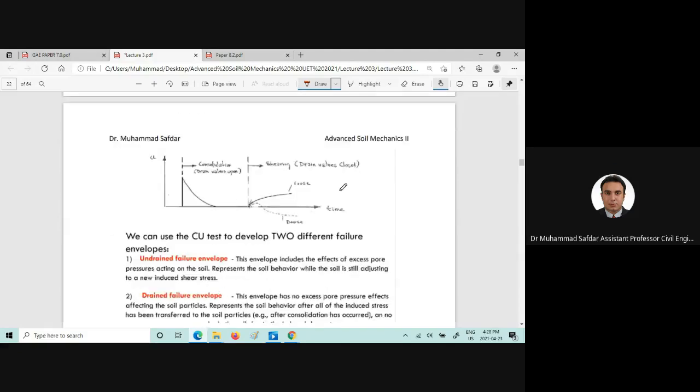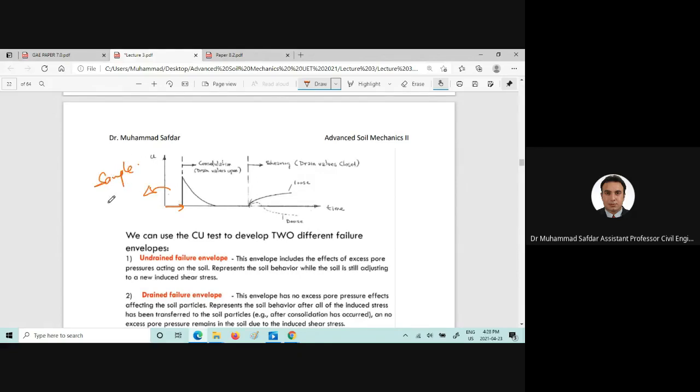Then, the process of the consolidated drained test, for example, this is the sample preparation. So there is no increase in the pore water pressure during the sample preparation, and then when you apply sigma 3, total stress would be transferred to the pore water, and then when we consolidate the specimen in the drained condition, the pore water pressure will dissipate.